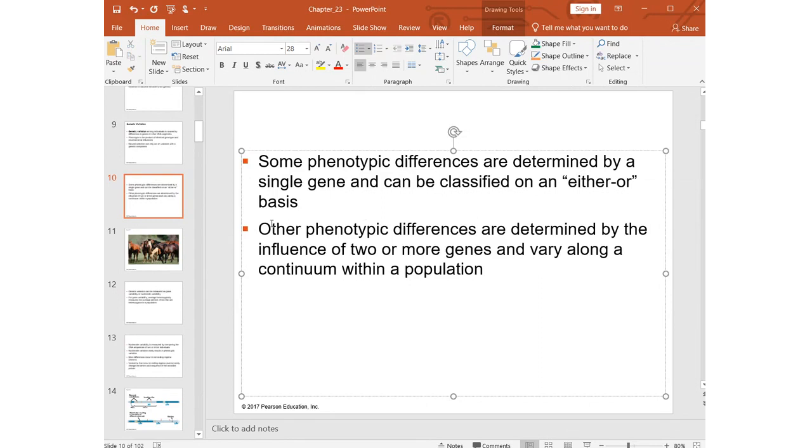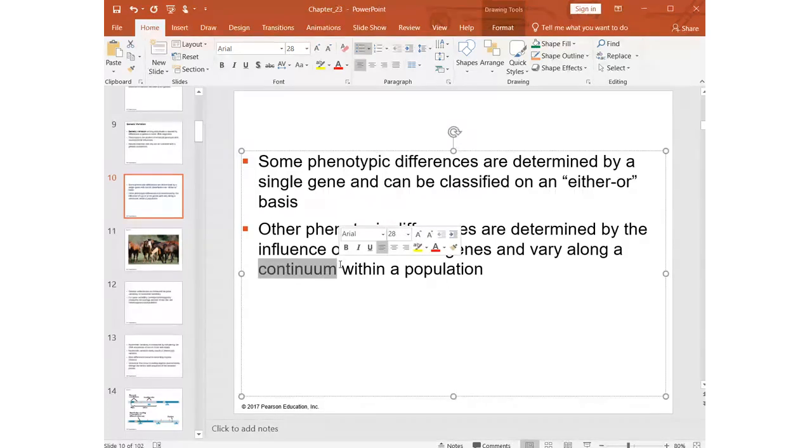Okay, so other differences are determined by the influence of two or more genes that vary along a continuum. For example, hair color. You could have hair that's kind of blonde or kind of brown or very brown or dark brown or light brown or somewhere in between blonde and red, so a lot of things vary along a continuum.